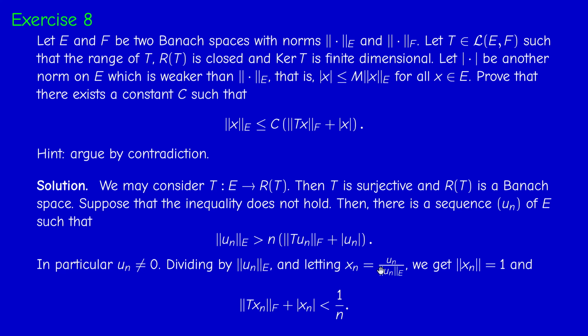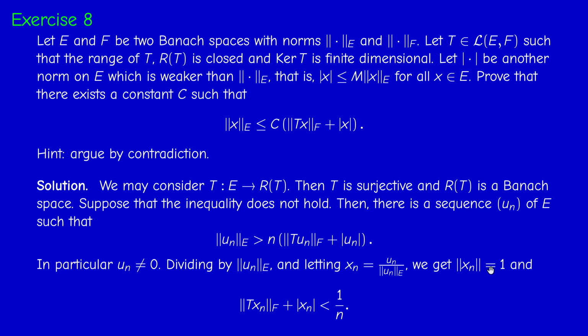If we put xn to be un over its norm in E, then the norm E of xn is just 1. Then we divide by n, so we get the norm F of T xn plus the absolute value of xn is less than 1 over n. So this term is less than 1 over n, and this one is less than 1 over n, and so both terms tend to 0.